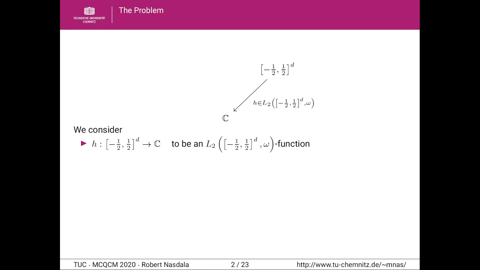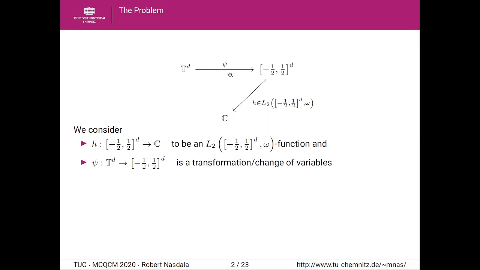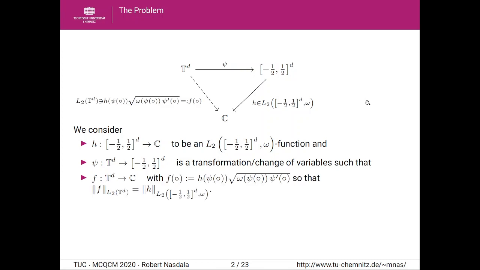We start with a test function h in a weighted L2 Hilbert space defined on the d-dimensional cube. Then we construct a change of variables from the d-dimensional torus onto the d-dimensional cube and form periodized functions, now called f, just in the L2 on the torus.